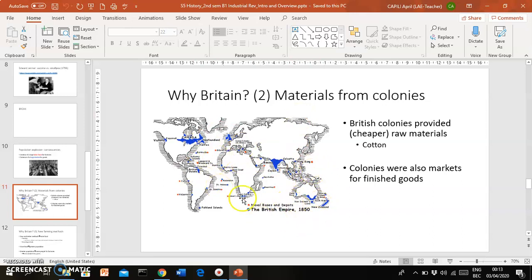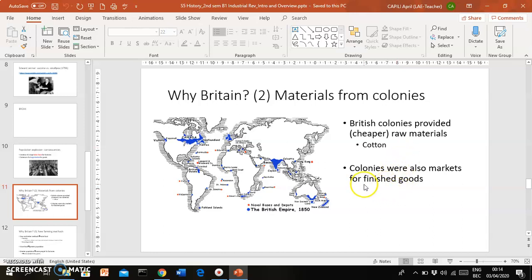So this is the British Empire in 1850, a representation of all those territories controlled by Britain. Britain could extract raw materials, for instance cotton, and these were relatively cheaper compared to, for instance, growing cotton in the UK, and other raw materials.